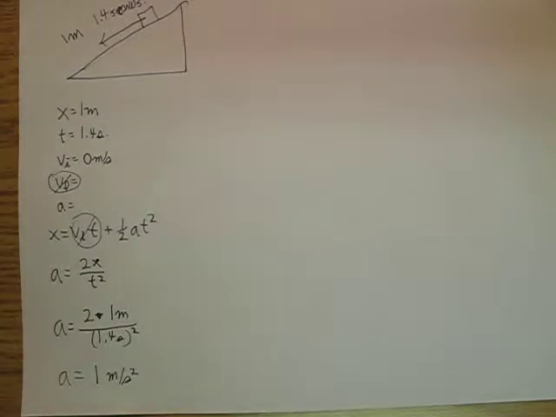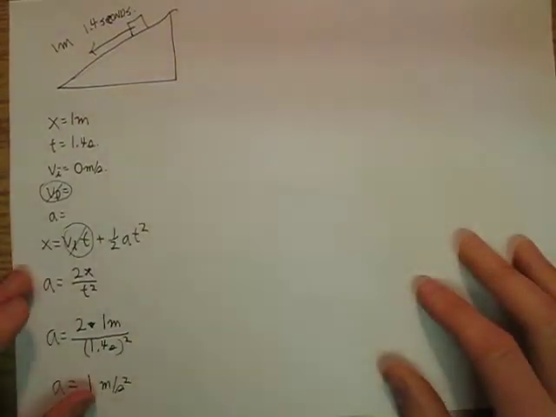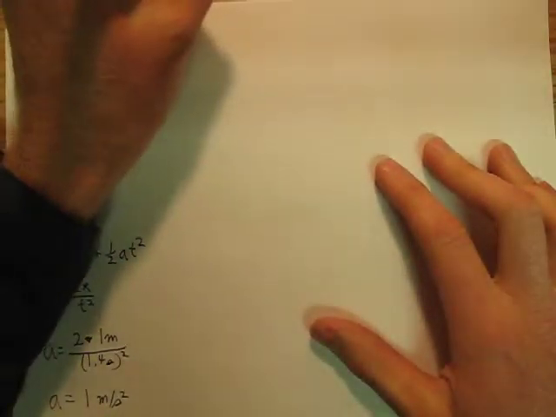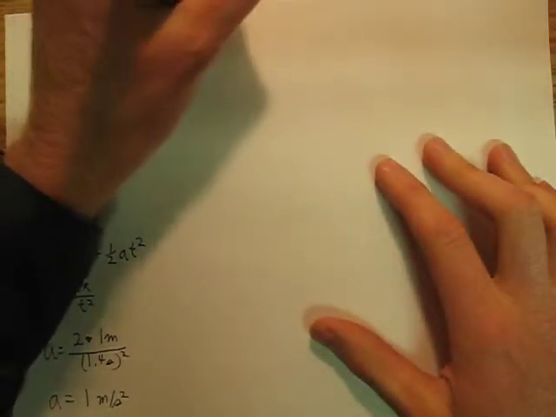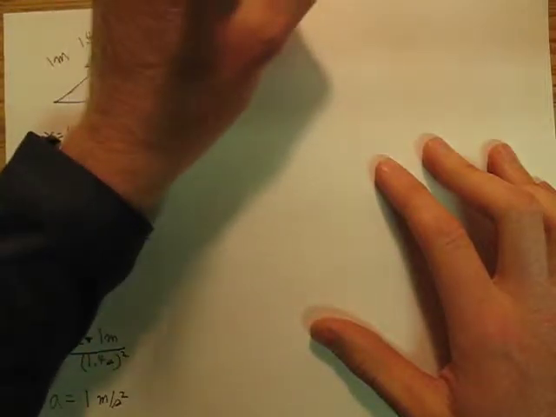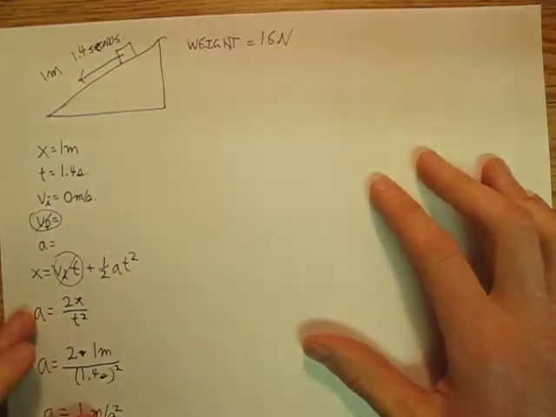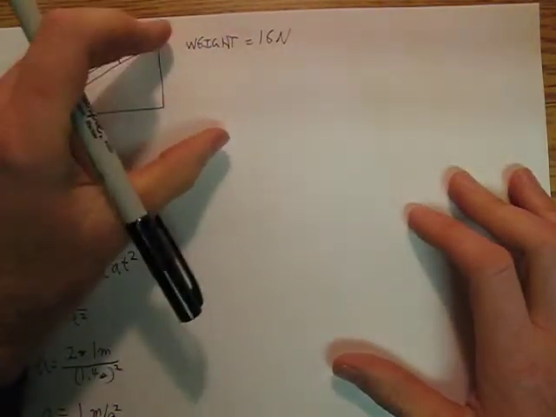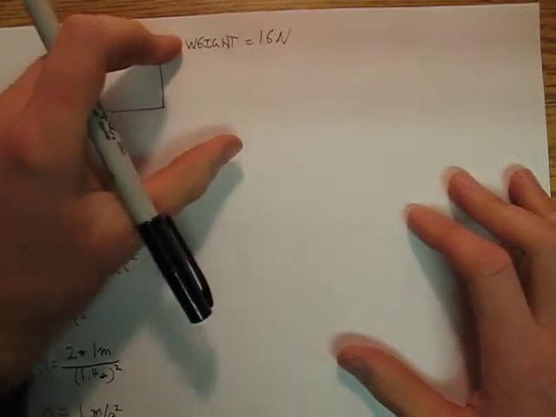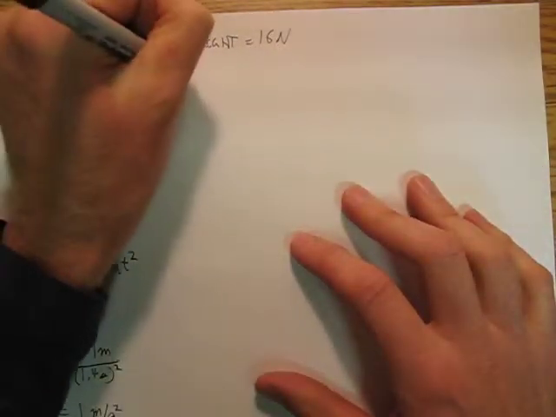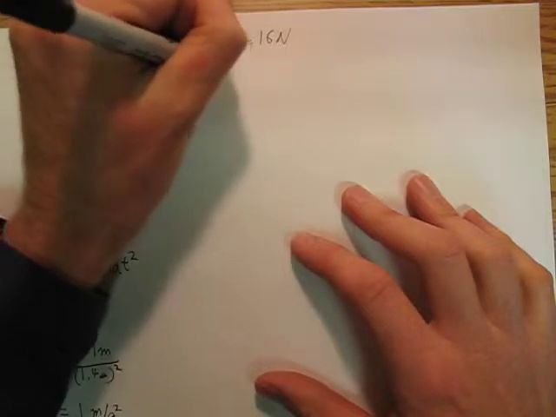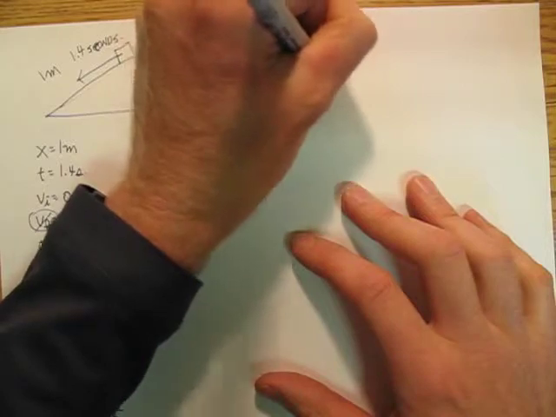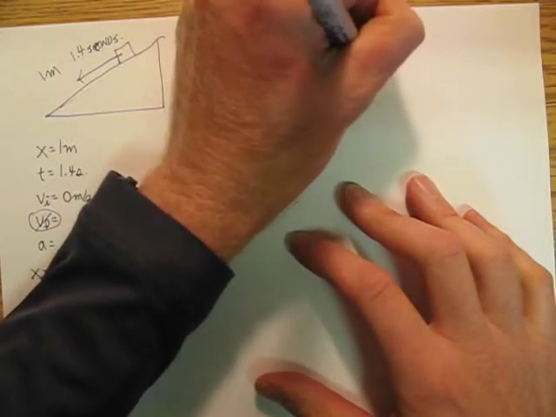Now, some other things we know about that brick: the weight of the brick was 16 newtons. If I want to figure out the mass of the brick, in a previous video we said that weight is mass times 9.81 meters per second squared.